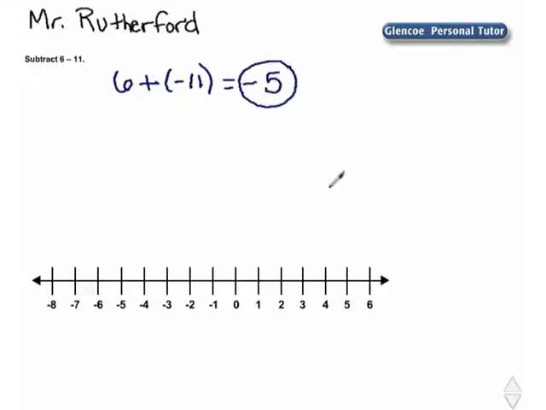One way we can illustrate this a little bit better to check our answer is using a number line. So we start at 0, and my first number is a positive 6, so I'm going to move 6 units to the right. So we'll indicate that with a plus 6. Then, from positive 6, we'll move 11 units to the left.